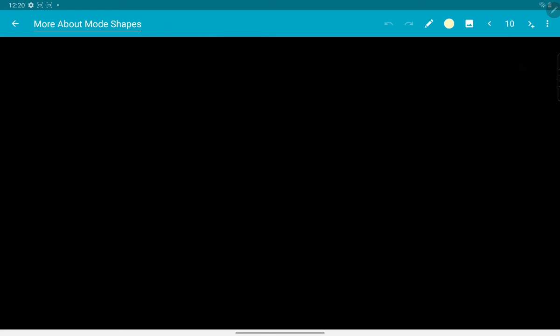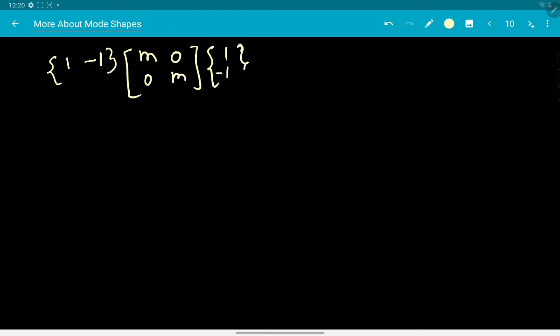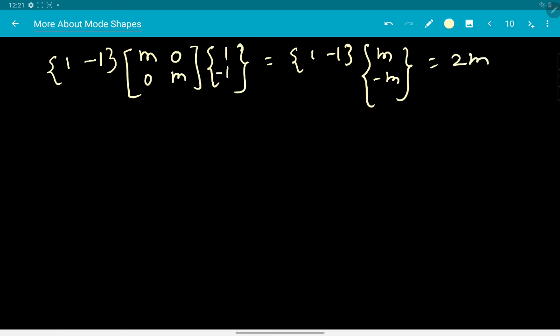You can try and see to it. Let's consider x2 transpose m x2. It will be like this: m 0, 0 m, with 1 minus 1 on either side. In that case, you will get 1 minus 1 over here, and in this one you will have m minus m, and you get 2m, which is non-zero because m is not 0.